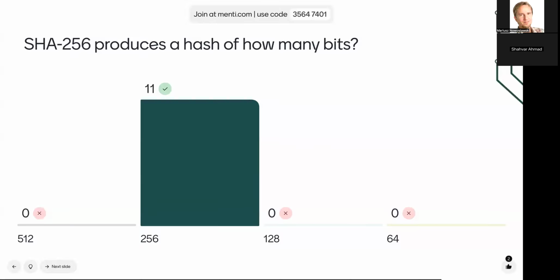Why are collisions a bad thing? Because we're using hashes to prove authenticity of stuff, right? So what we do is we create a document. Let's say we have a contract which says that Mariusz is going to get, I don't know, 50,000 krona as a salary. And then I sign it, and the person giving me the salary signs it, and we hash it.